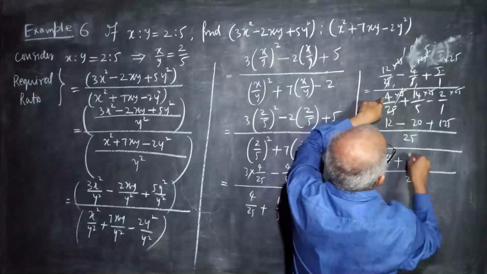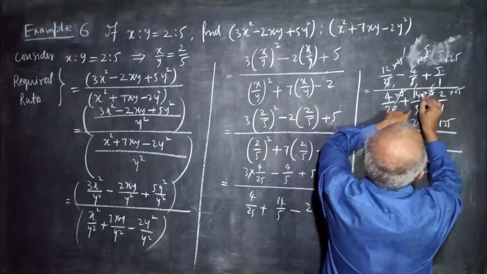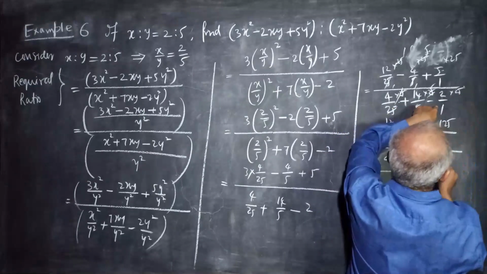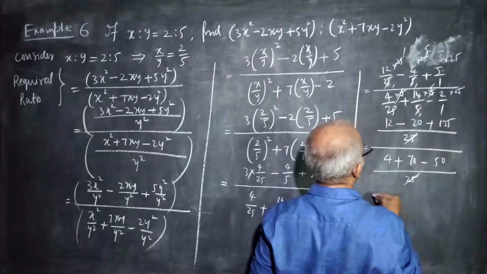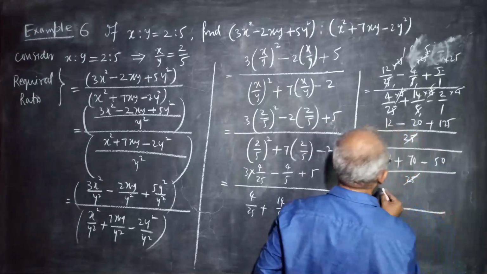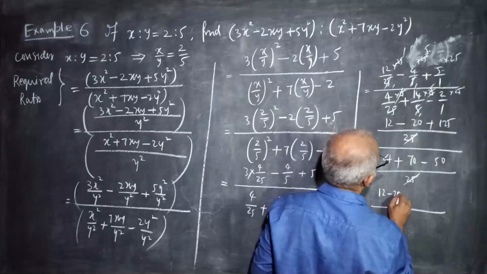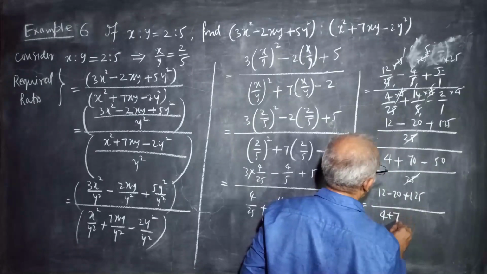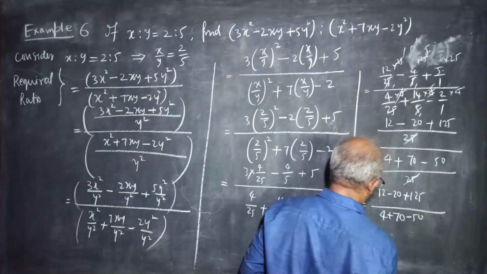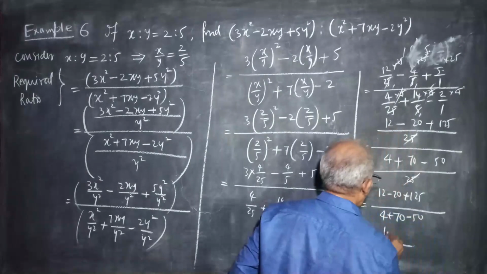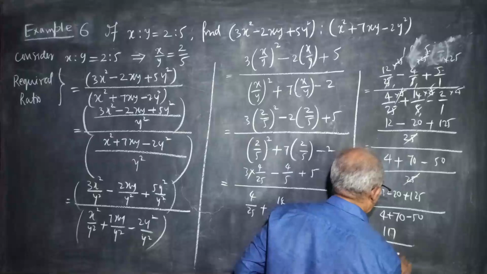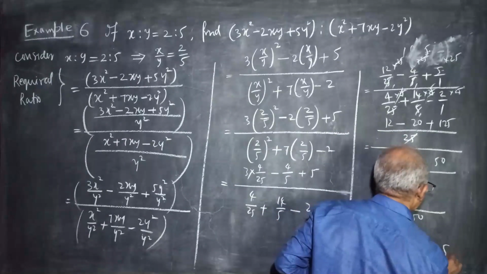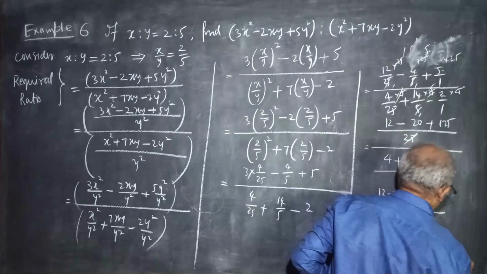So 4 plus 5 ones are 5, 5 fives are 25, 14 fives are 70, minus 25 twos are 50. 25 by 25 cancels. So now we are left with 12 minus 20 plus 125 divided by 4 plus 70 minus 50. This is equal to 117 divided by 24. So you can cancel by 3 table, and you will get 39 is to 8. So this is your answer.